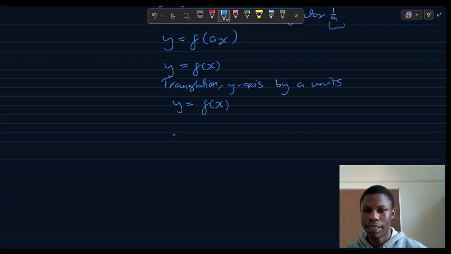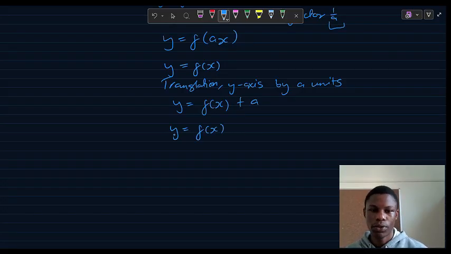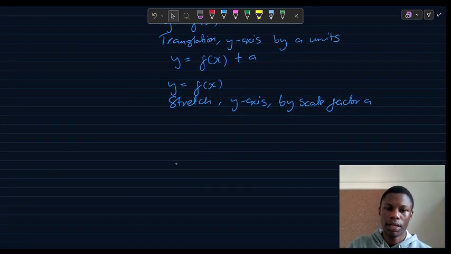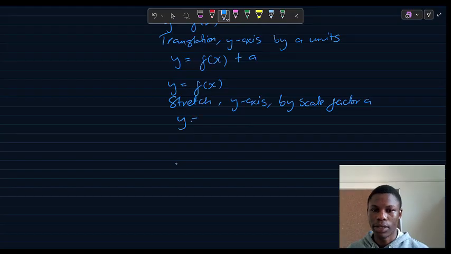You're just adding a to f of x. And then if you stretch this in the y-axis by scale factor a, then you get y equals a f of x.